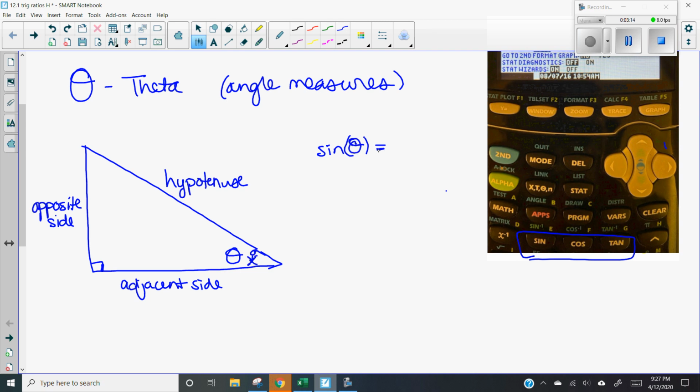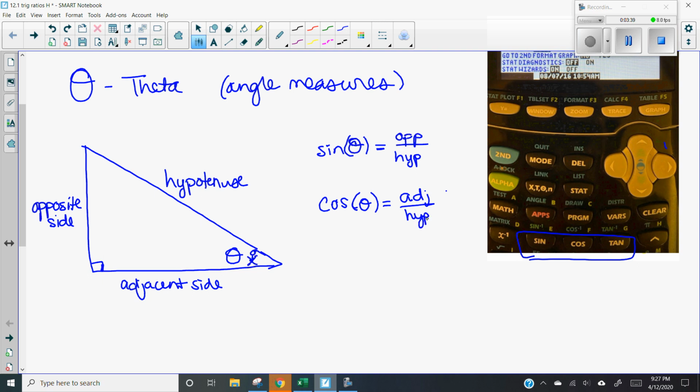Okay, so sine of theta is just this ratio. It's the ratio of two sides. You take the length of the opposite side, and you divide it by the length of the hypotenuse. Whatever number you get, that is sine of the angle. Cosine of theta is just a different ratio. It is the ratio of the adjacent side to the hypotenuse.